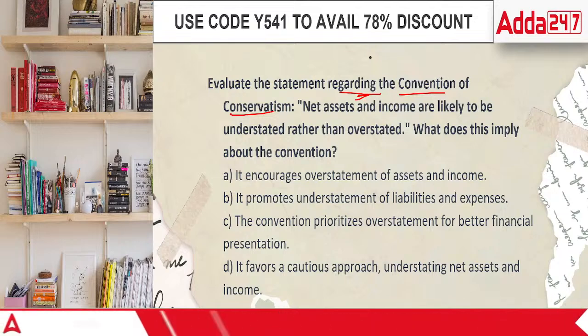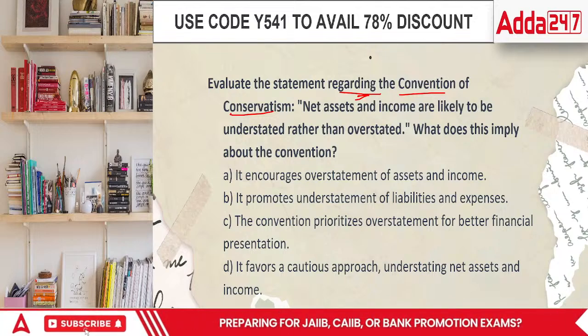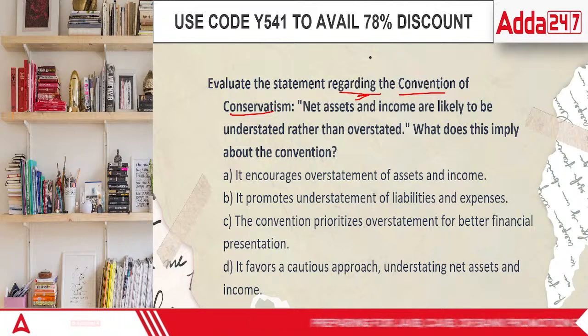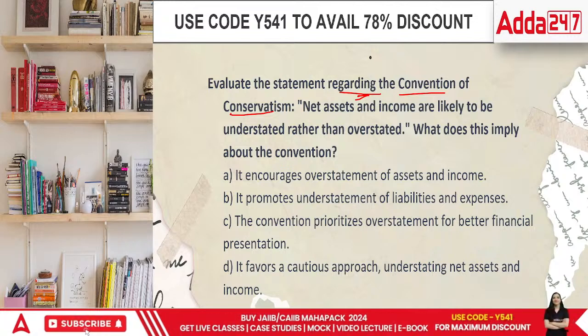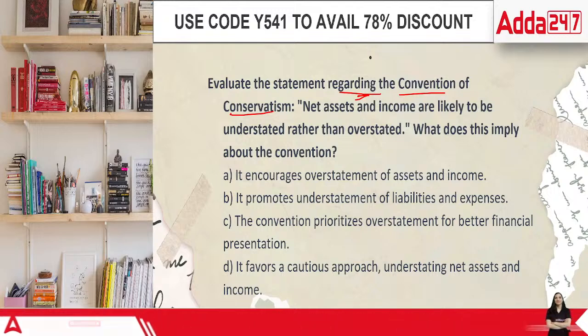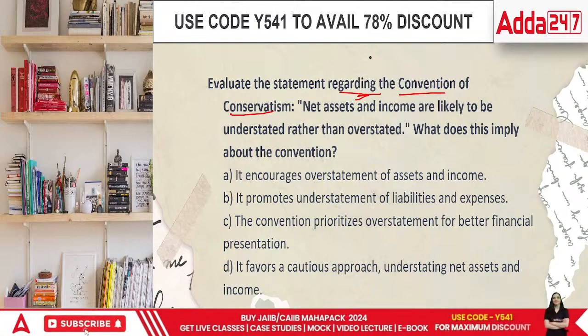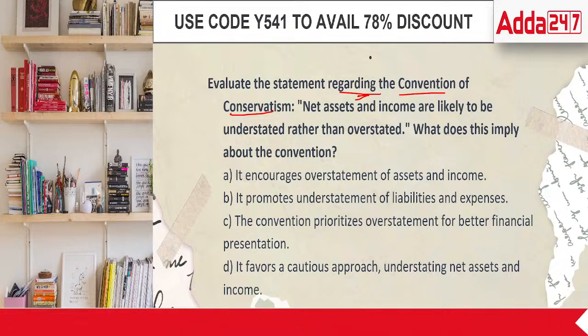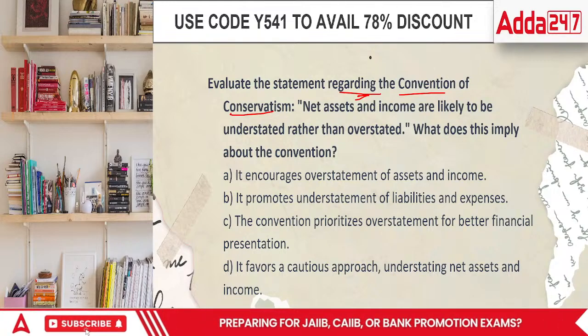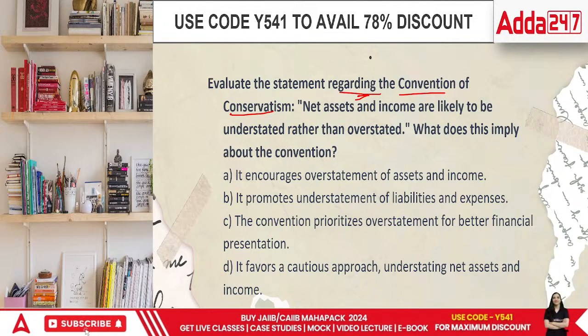Apologies everyone. Conservatism: the net assets and incomes are likely to be understated rather than overstated. What does this imply? I think in the previous classes we have talked about conservatism from the point of view of whether the assets and incomes are overstated or understated. It is actually understated.